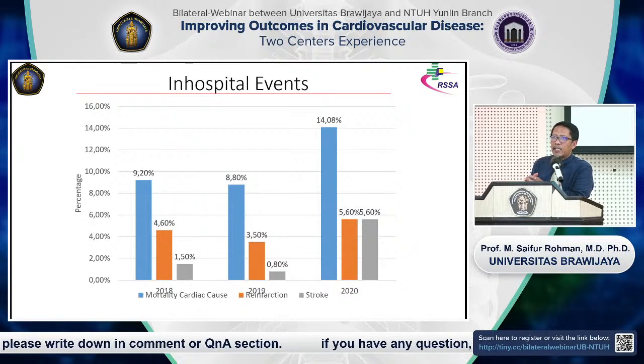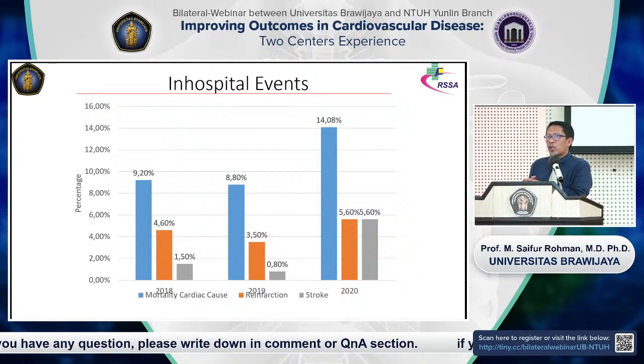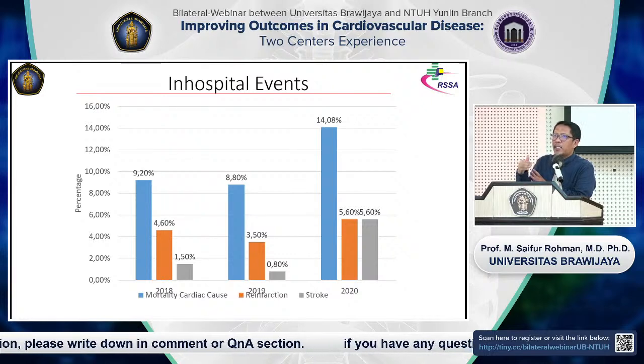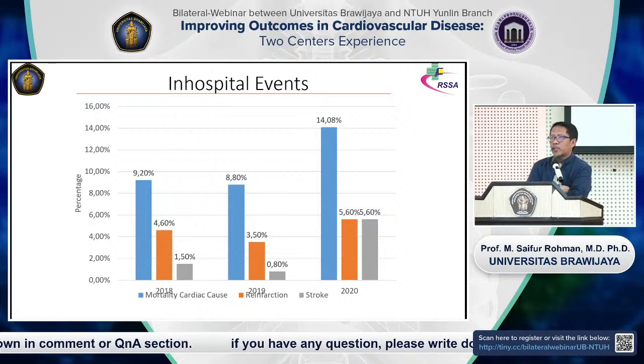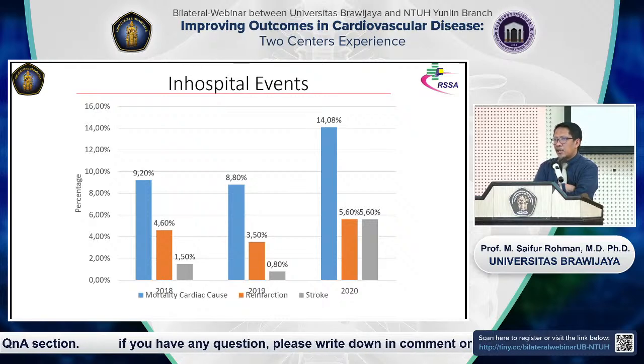This is the in-hospital mortality due to cardiac causes. From 2011, it was reaching 20%, and in 2018 the mortality decreased to 9.2%. It decreased even more in 2019, achieving 8.8%.